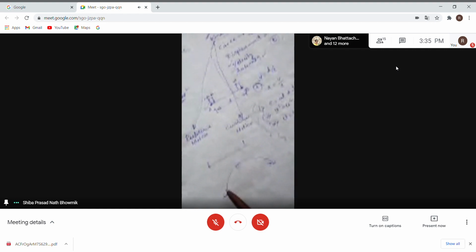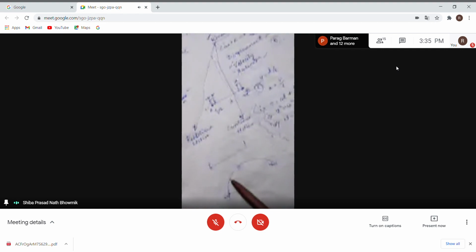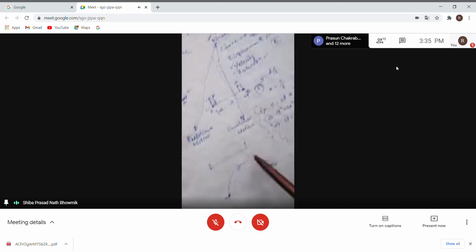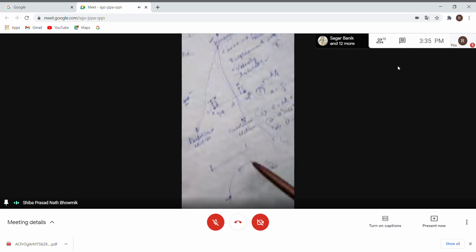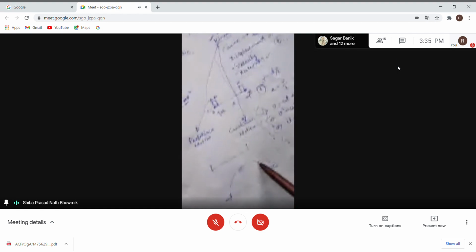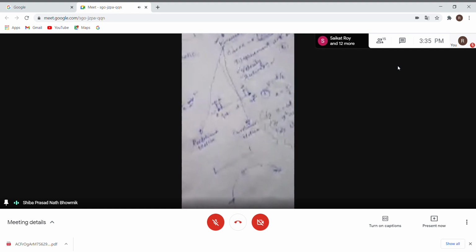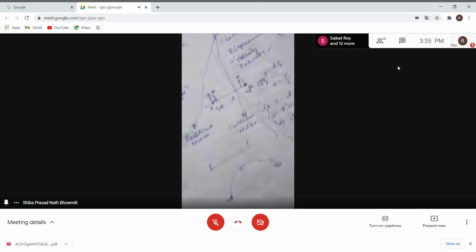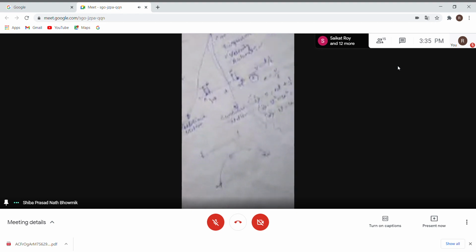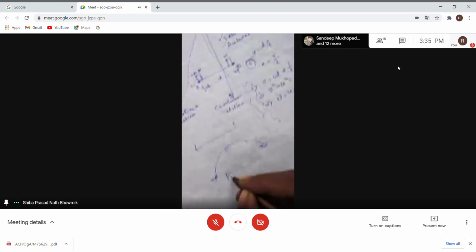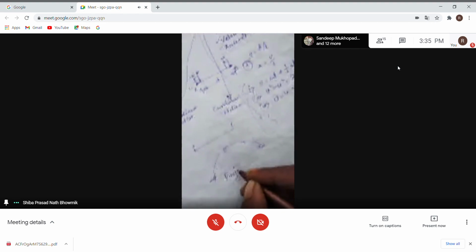The path of this object, which is thrown freely in the air, is nothing but a curved path. If the path is curved, then it is called curvilinear motion or projectile motion.